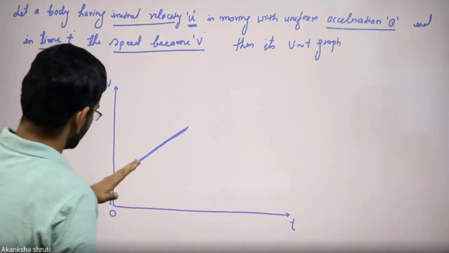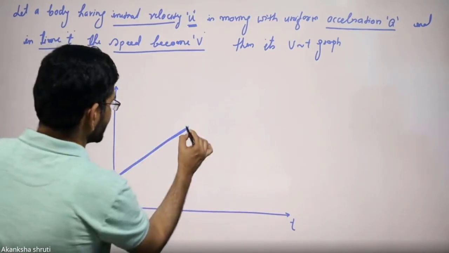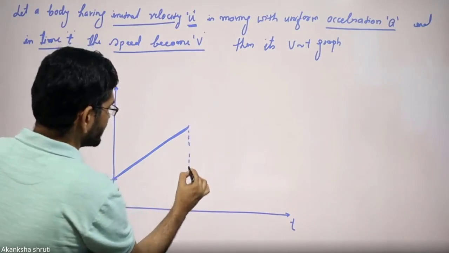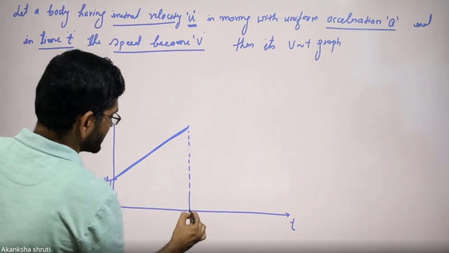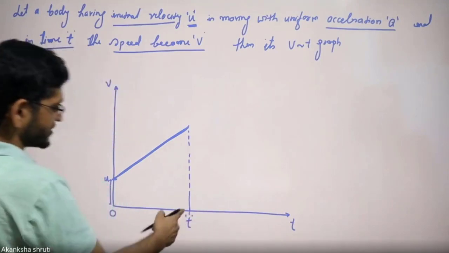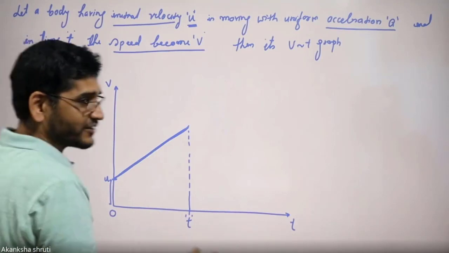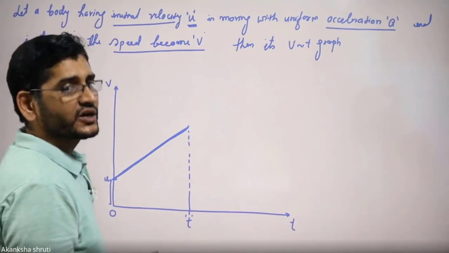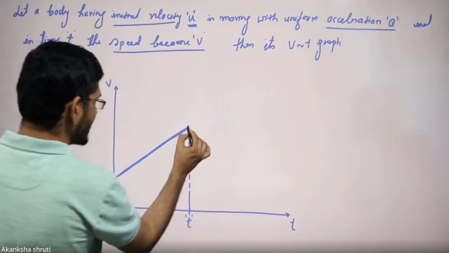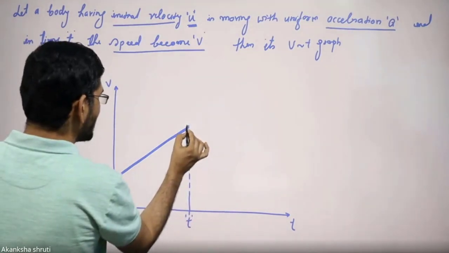The speed is increasing. Now at this time that we have marked, this is the time t that we are considering. This t also has some value, say 10 minutes or 50 seconds or even in hours. So at this time t, the speed has become v.